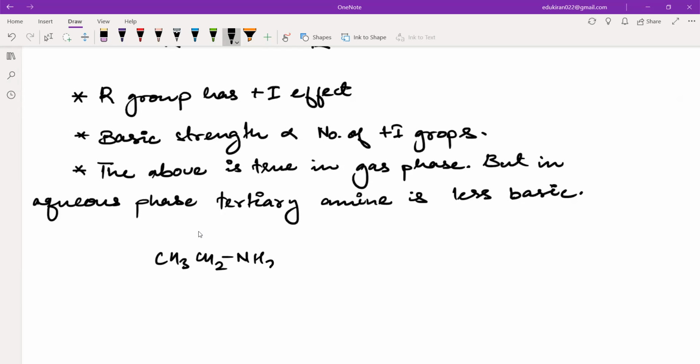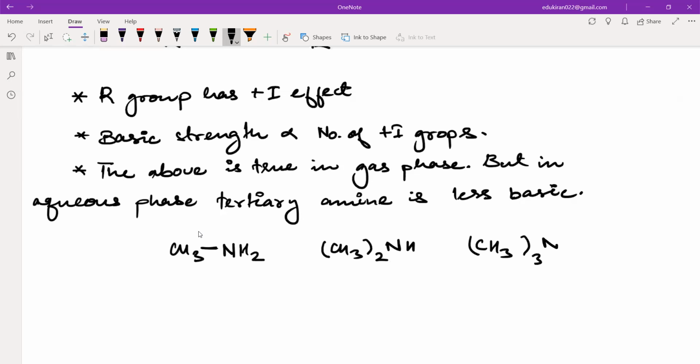Let us take methylamine first: CH3NH2, (CH3)2NH, and (CH3)3N.